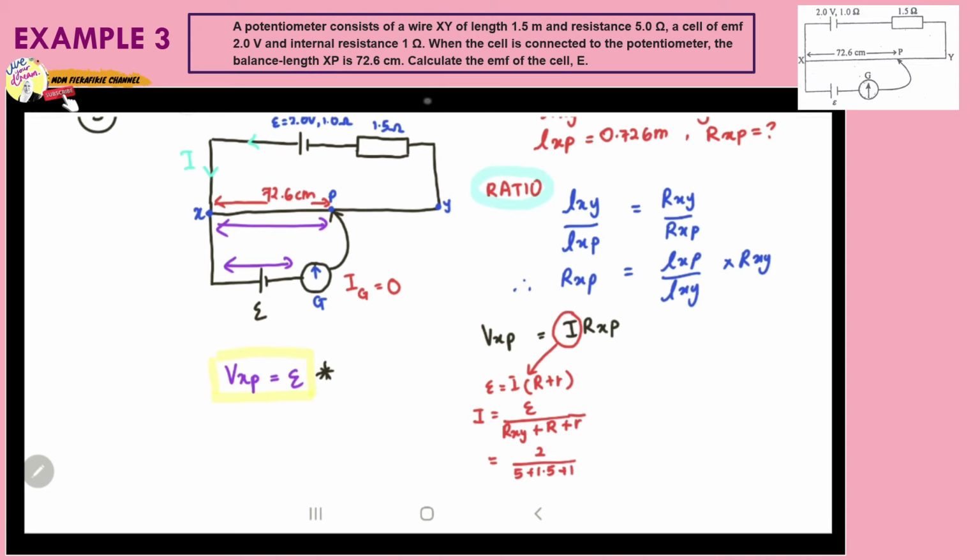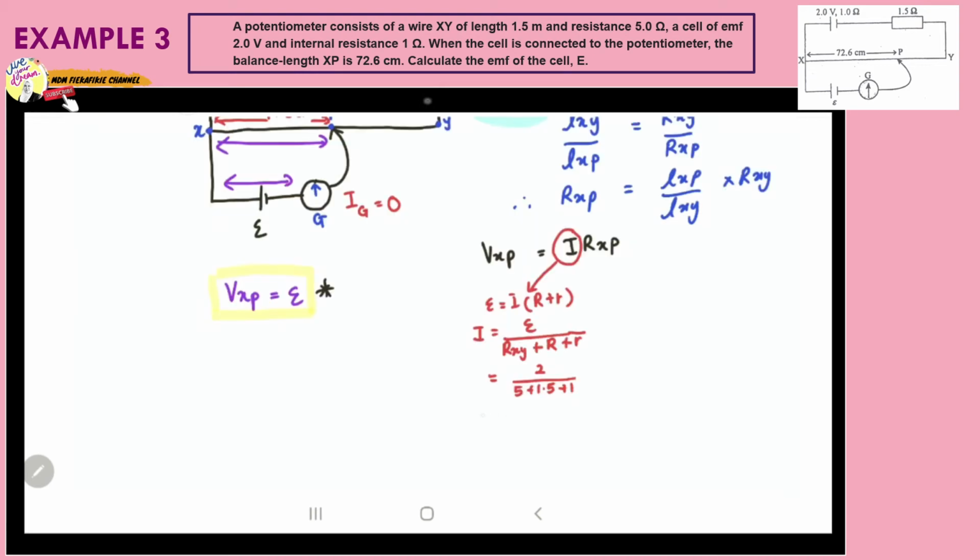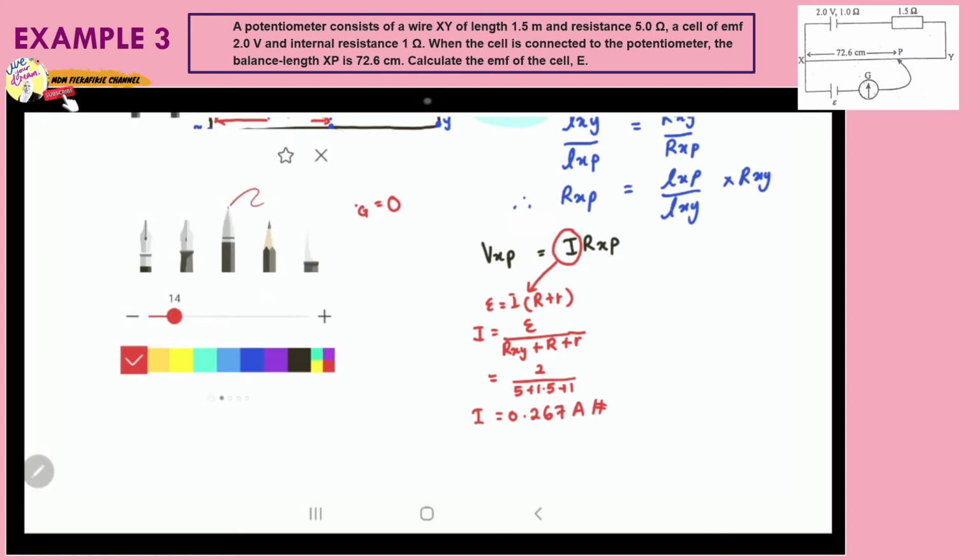Therefore, the current will be equal to 0.267 ampere. Alright, now I will proceed to the second part.